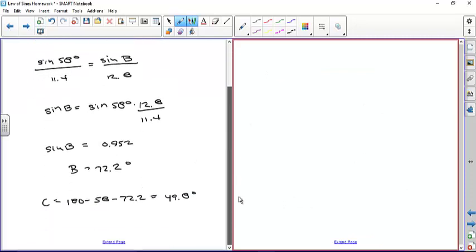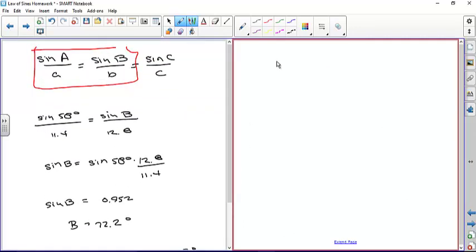And then once you know angle C, we can use the law of sines using the first and the third ratio. What we need to do is solve for side C. So again, I'm going to do this algebraically just to mix it up.